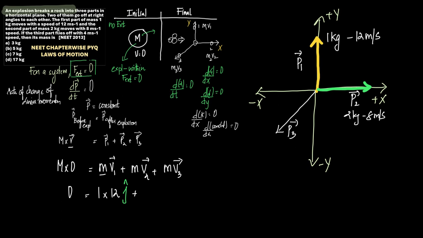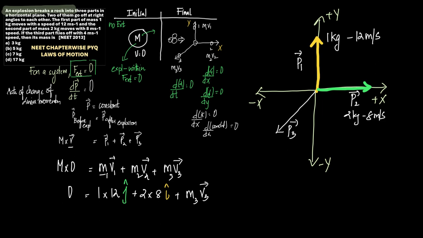Plus m1 and m2, and m3 here. So m2 is 2 kilogram into 8 meter per second, along the positive i cap direction. Plus, do we know m3? We don't know m3. So this is m3 into v3, right?